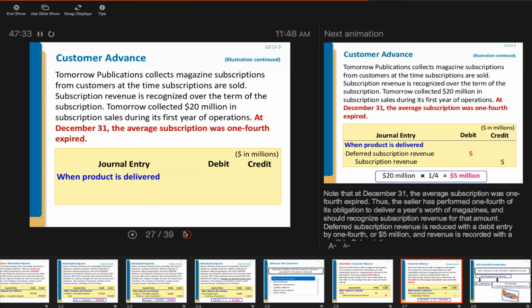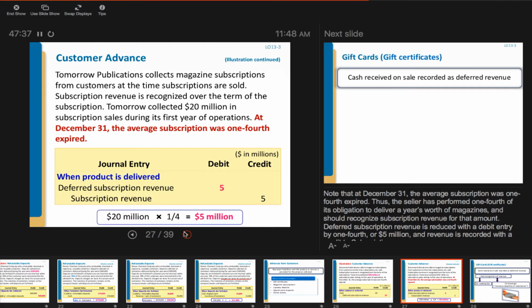Then once you do provide them with the service, you can recognize it as revenue. Okay? So you would take it out of either deferred revenue or unearned revenue, which was the liability, and it would go into an account that is an earned revenue account. So it would go from showing up as a liability on the balance sheet to showing up as revenue on your income statement.